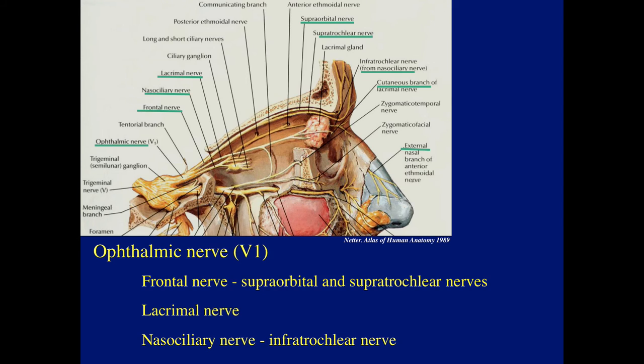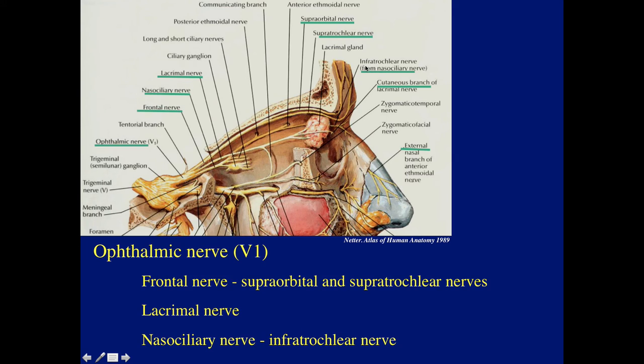Now, the divisions of the ophthalmic nerve which are important to make the diagnosis are the following: the supraorbital nerve, the supratrochlear nerve, and their extensions to supply the forehead and the nose.